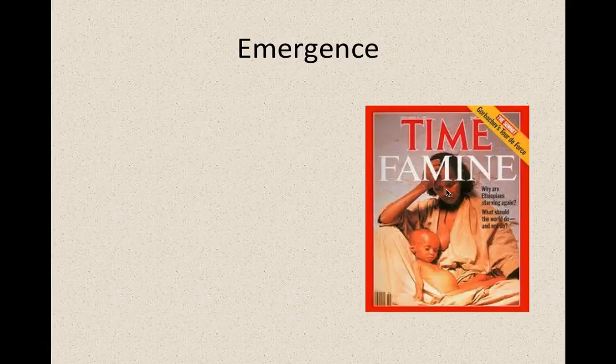So let's talk about the emergence of Africa in the independence era, or in the post-colonial era. The emergence of nations. Generally, most African nations achieved independence in the 1950s and 1960s. Some of them, as we talked about in a previous lecture, by peaceful means, by constitutional transfers, as in the case of Ghana.